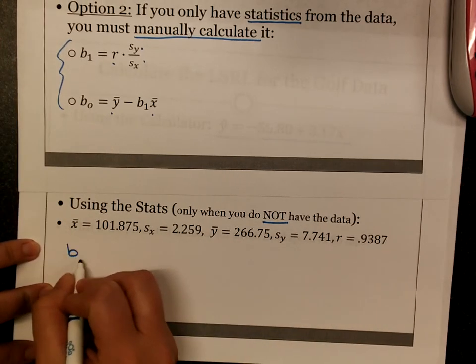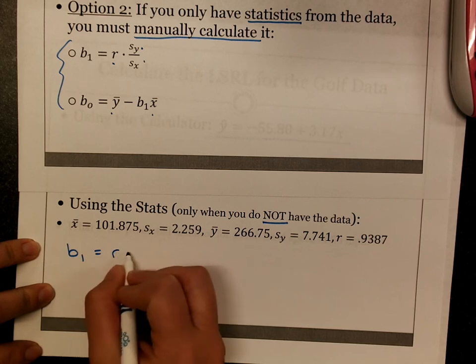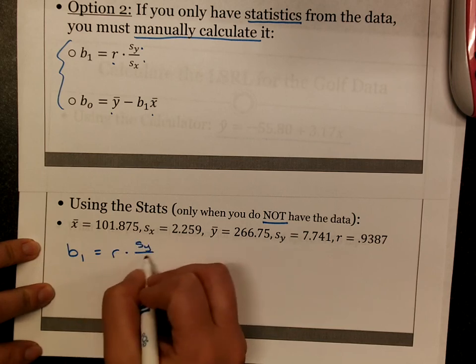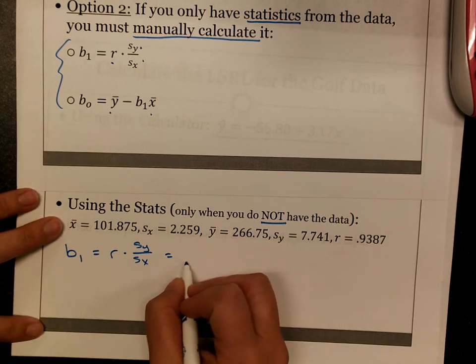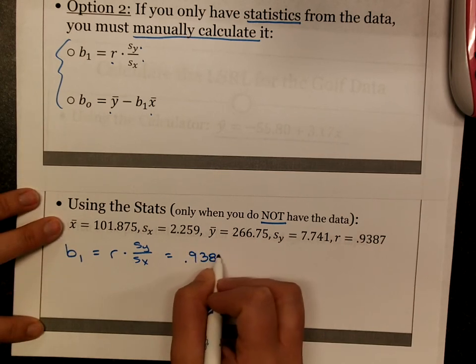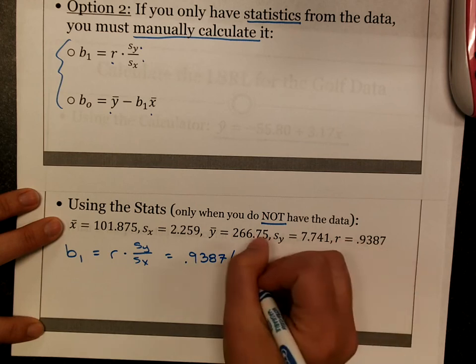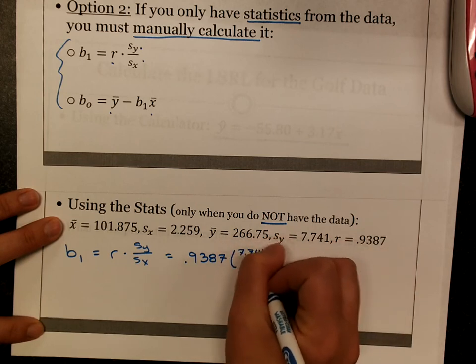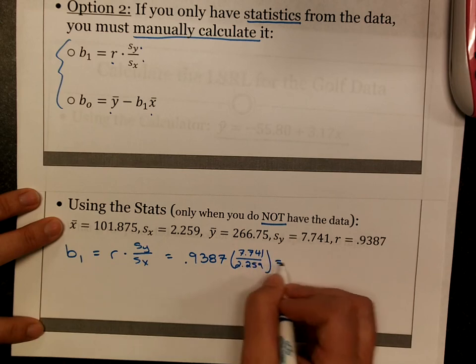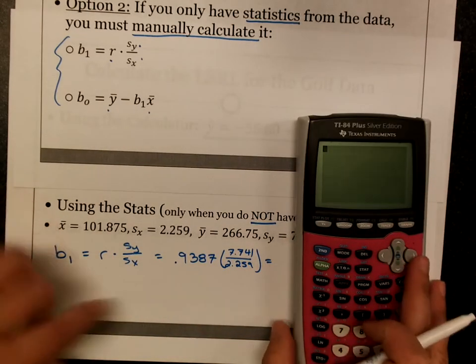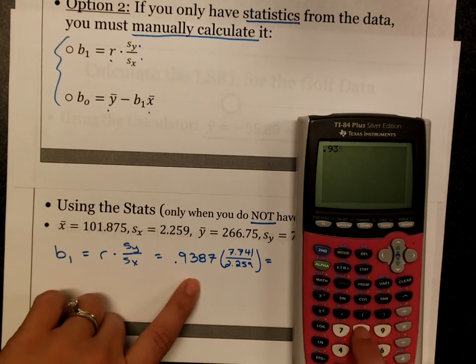So we're just going to use the formula B1 equals R times S of Y over S of X, and you just type it in. R is 0.9387 times S of y over S of x. This will give you slightly different values, but not too difficult. You just type it in.